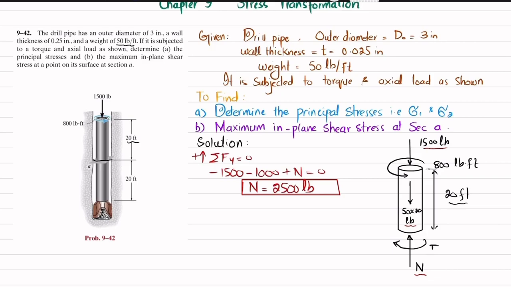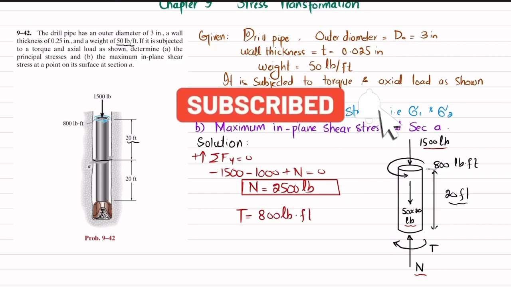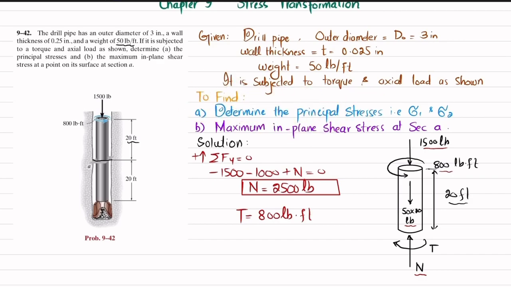So this T will be equal to 800 pounds into feet, but that will be counterclockwise. If this is counterclockwise, then this will be clockwise. This T will be clockwise.